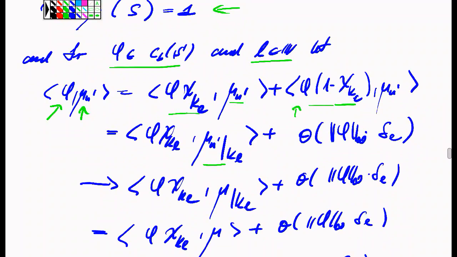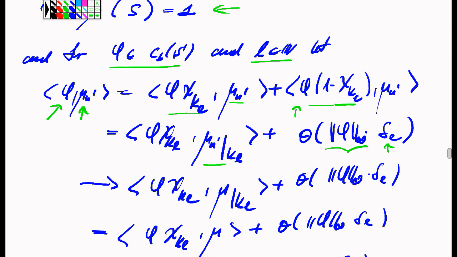And regarding the second summand here, we just realize that this total integral which we have here on the right hand side is a quantity which is bounded, in absolute value, by a function which is of the order of the supremum of phi, which is bounded by definition, and delta L, which is the total size, if you like, or the total tolerance level for the compact set KL.